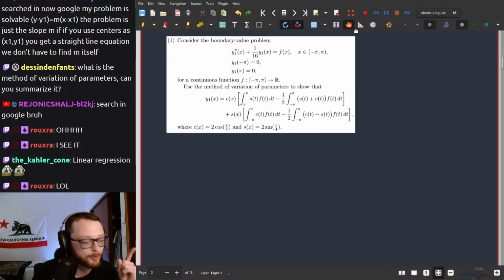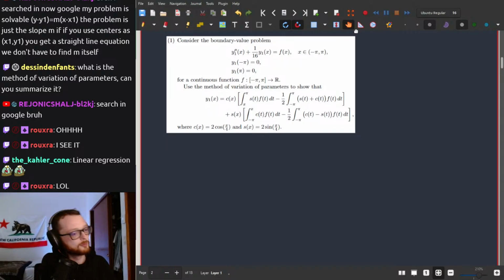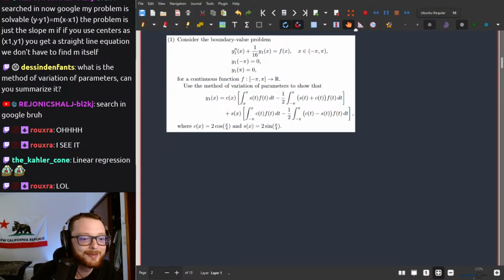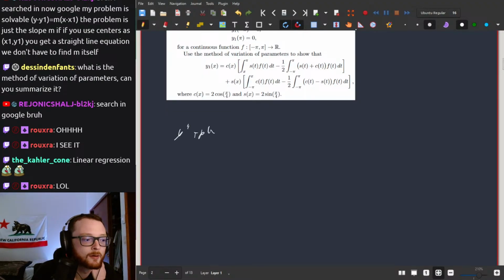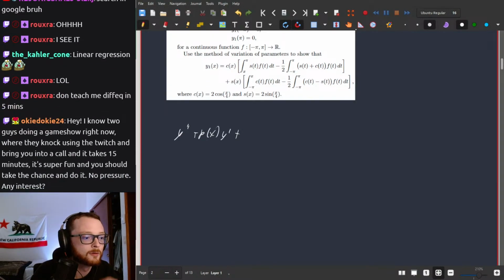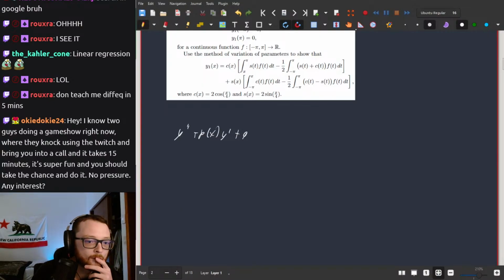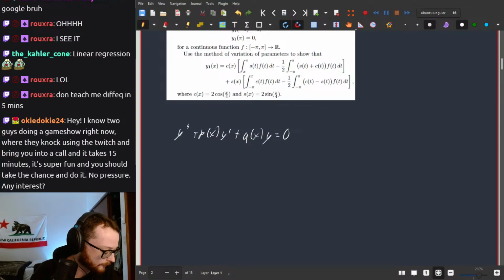So yeah, variation of parameters. It's a little bit hard to summarize. Let's see. If you have a differential equation like y double prime plus p of x, just some function, plus q of x, y equals, oh, not homogeneous, g of x.